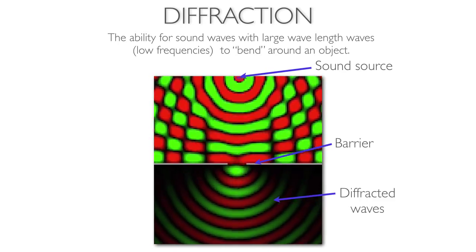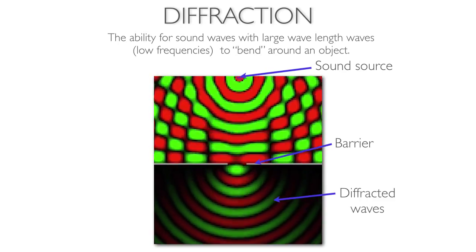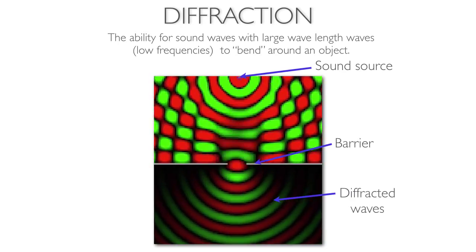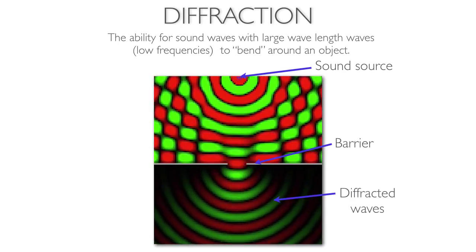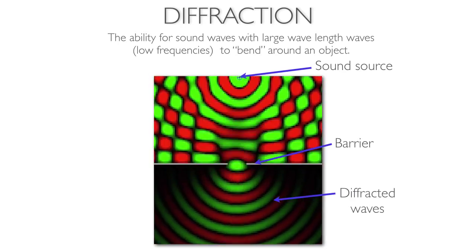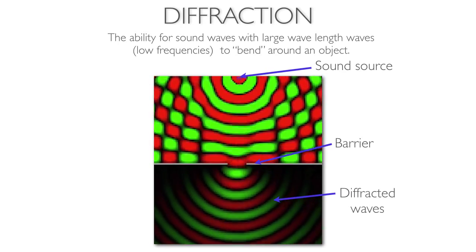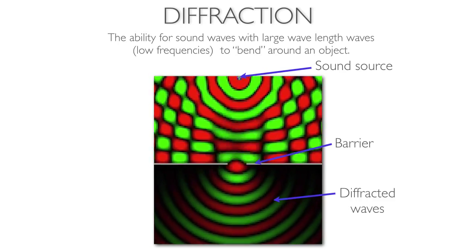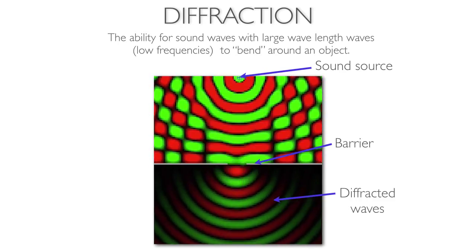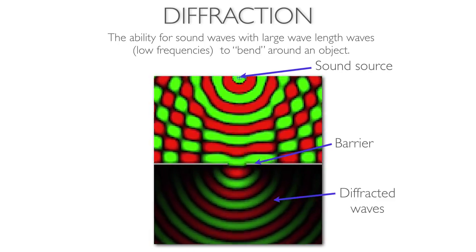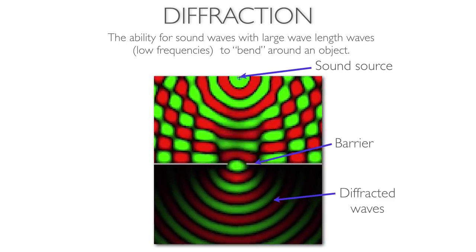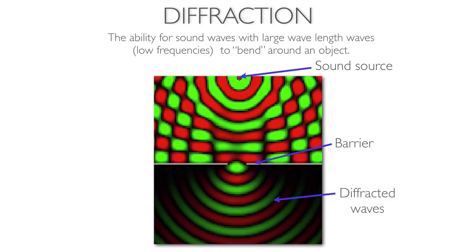And that's called diffraction. So when the sound wave frequencies are low enough that their wavelengths are large compared to the barrier, this is what happens. One example of this might be if you were listening to a band at a club and you went outside to get some fresh air. Let's say you put your back against the wall in the dark area outside the club.